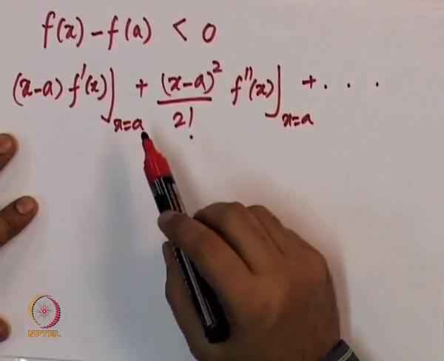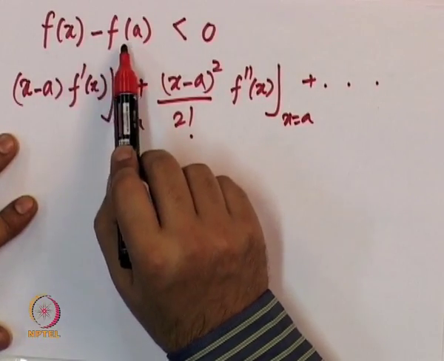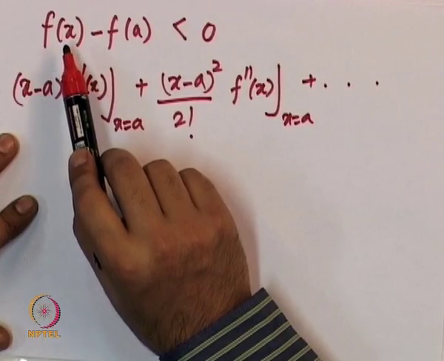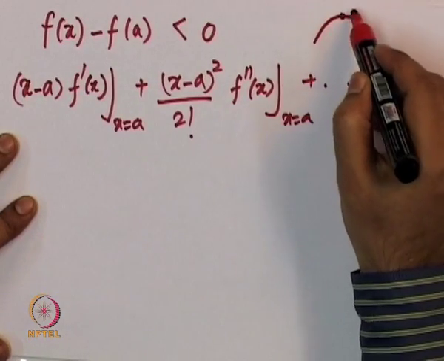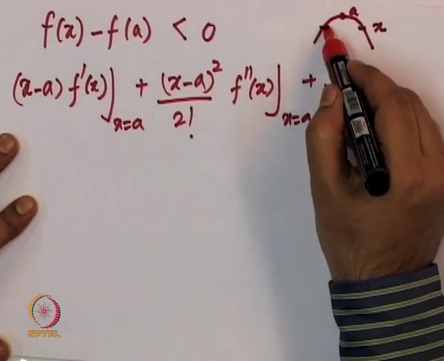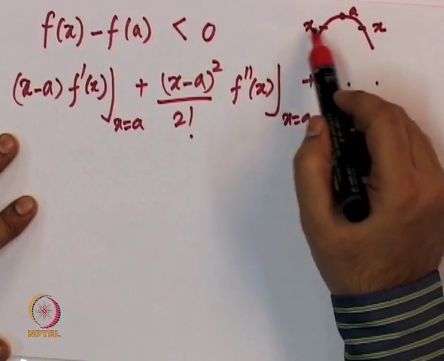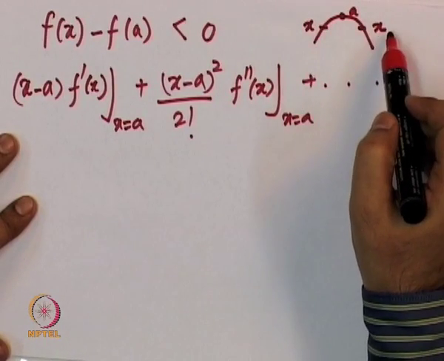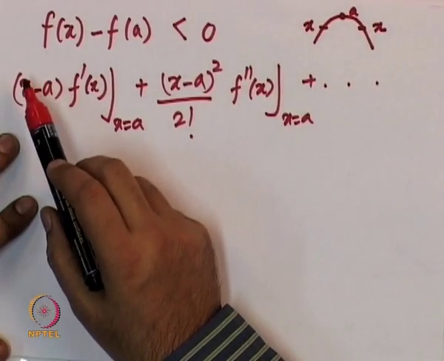Now, this quantity has to be negative irrespective of the x that I choose. So I am at a maxima point, this is my A, sometimes I might choose an x here, sometimes I might choose an x here. When I choose to the left and when I choose to the right, then the x minus A is going to have opposite signs.